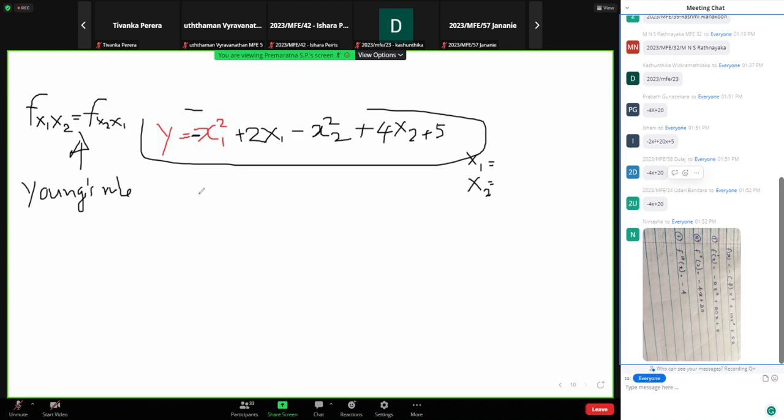Now the first order condition: if you differentiate with respect to x1, you get minus x1 plus 2.